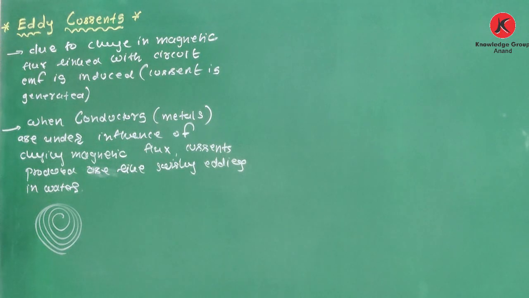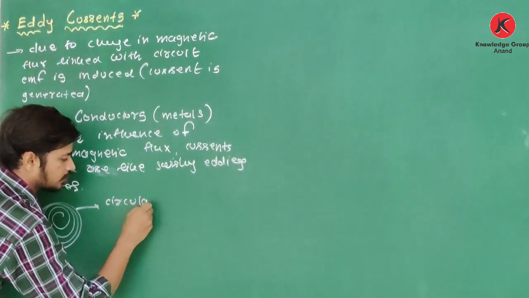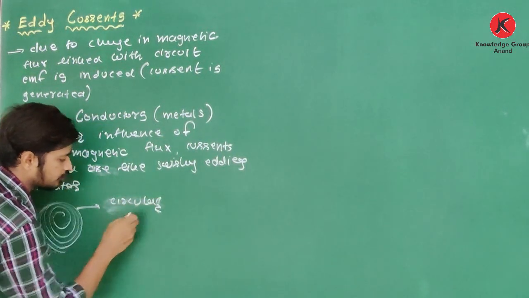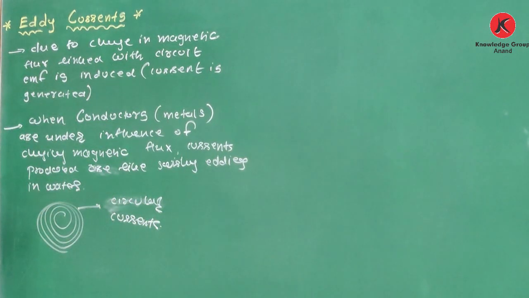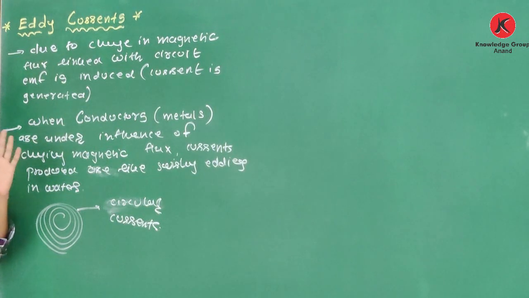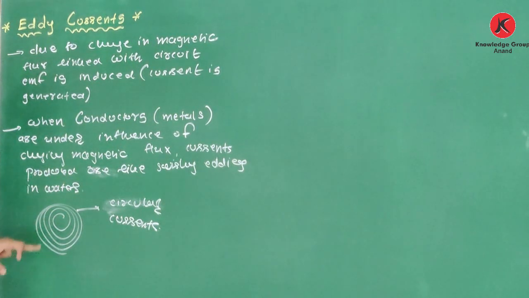They are circulatory in nature, circular currents. Clear about this? So when conductors or metals are under the influence of changing magnetic flux, EMF is induced, currents are produced, and they are like swirling eddies in water. Means they are circulatory in nature.